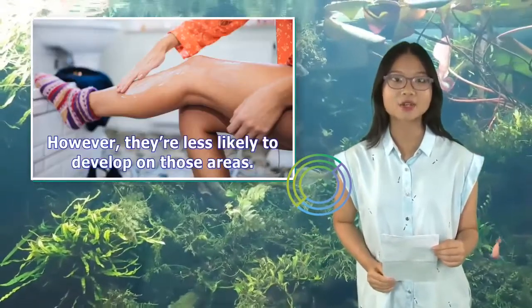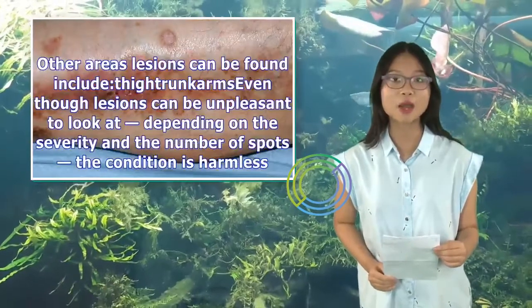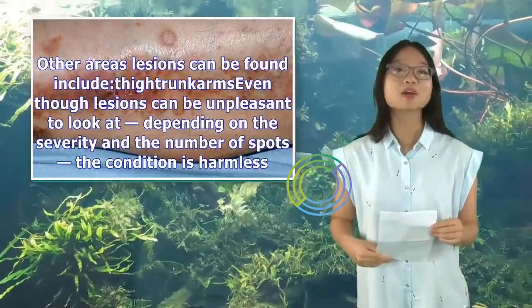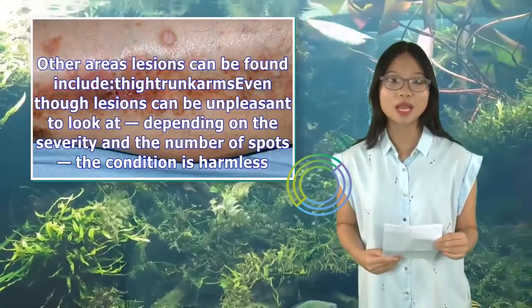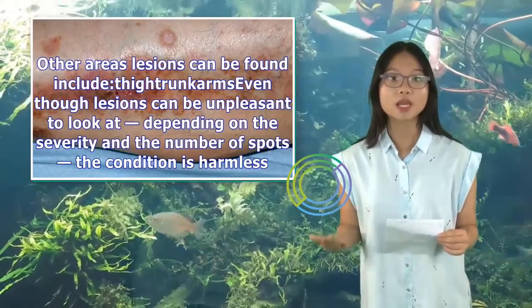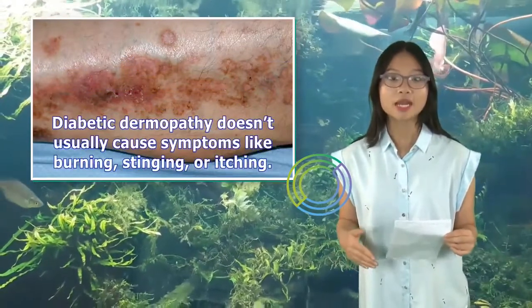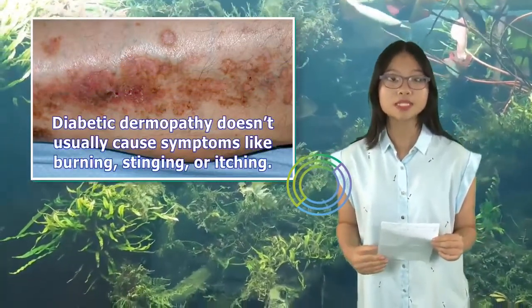However, they're less likely to develop on those areas. Other areas lesions can be found include the thigh, trunk, and arms. Even though lesions can be unpleasant to look at, depending on the severity and the number of spots, the condition is harmless. Diabetic dermopathy doesn't usually cause symptoms like burning, stinging, or itching.